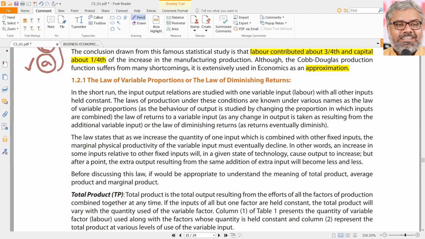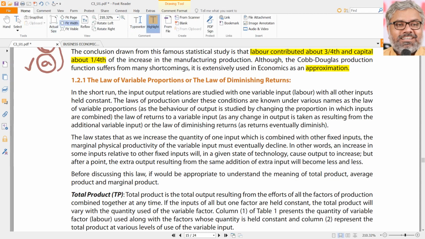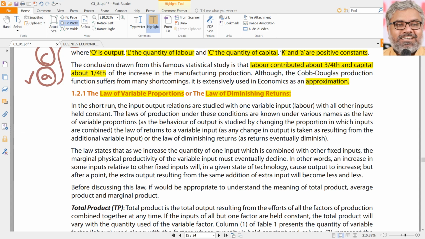Now coming to the actual discussion on the theory of the law of variable proportions, or sometimes we can even call it the law of diminishing returns. Diminishing returns, this is not utility. Utility was discussed earlier from a consumer point of view. Here the discussion of production is happening from the producer's point of view, manufacturer's point of view, seller's point of view.